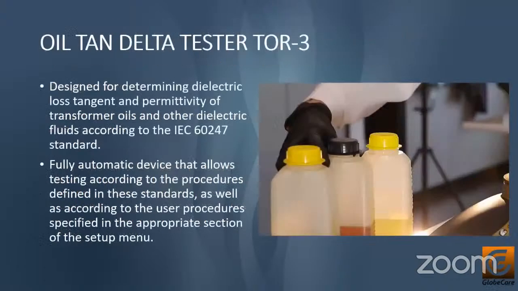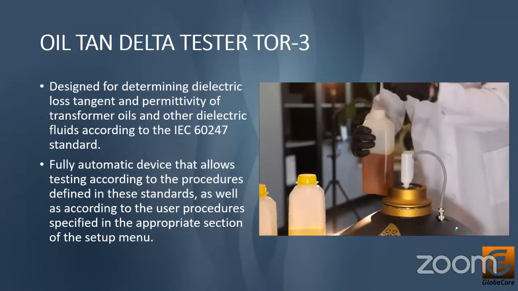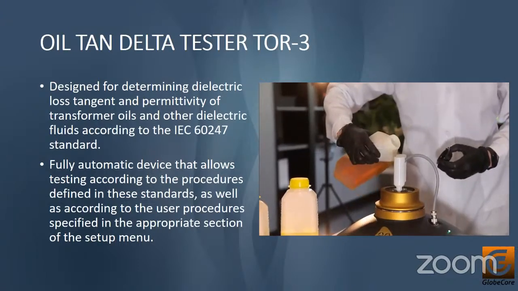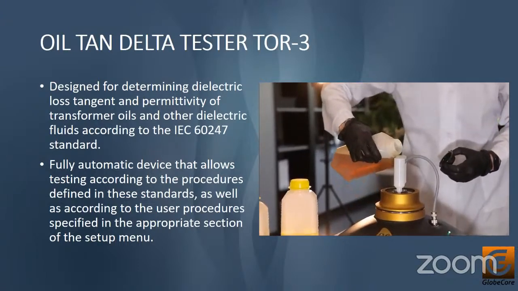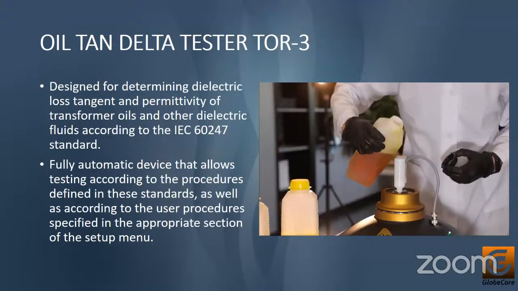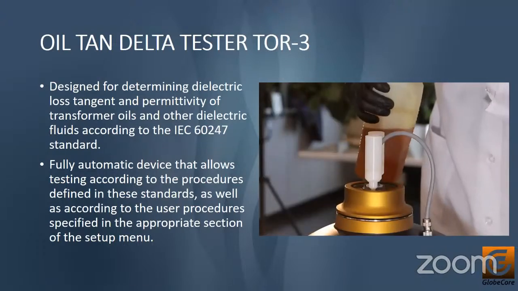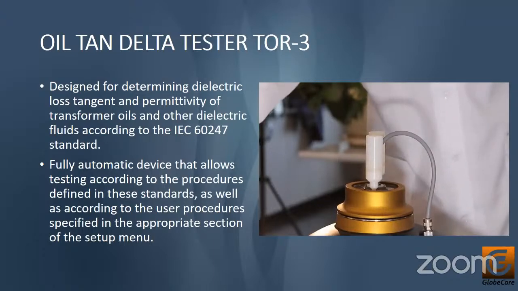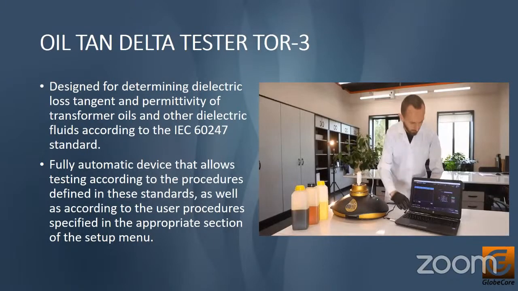To obtain complete information about the dielectric properties of transformer oil, the dielectric loss tangent is measured. In the case of new oils, this parameter makes it possible to assess the quality and degree of purification.